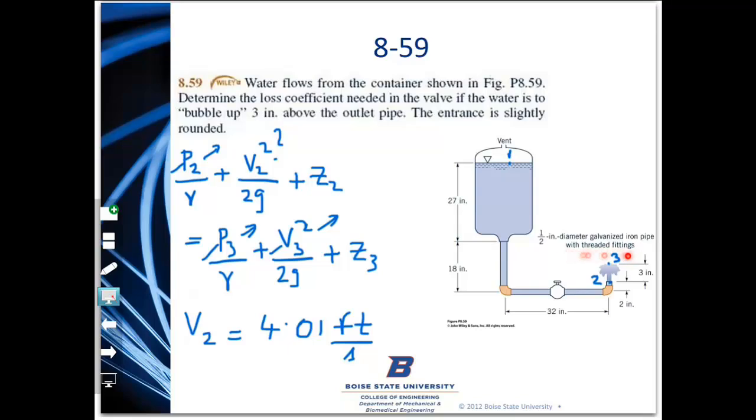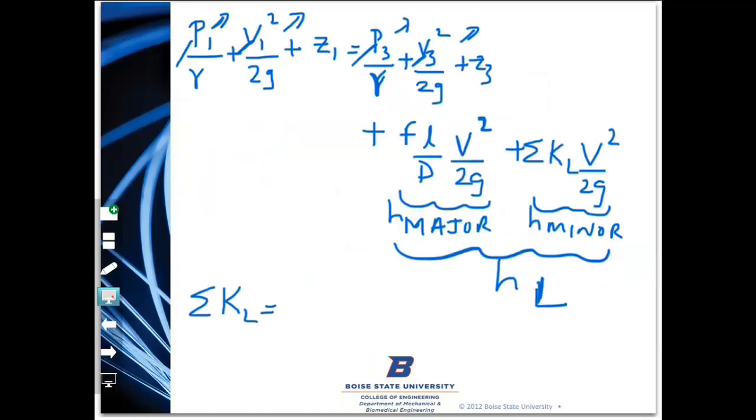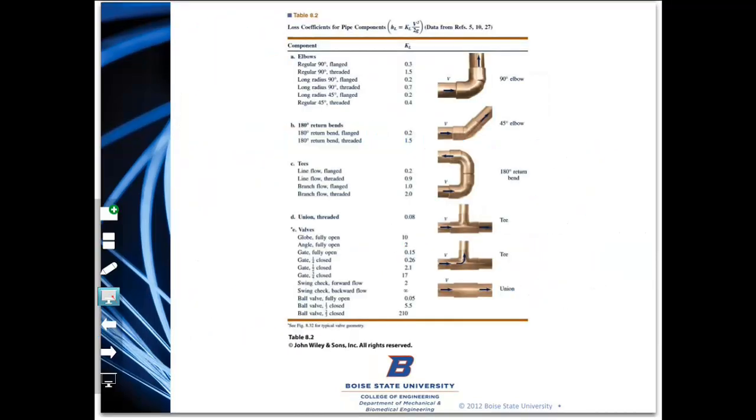You're given that it's threaded fitting, so we can find that, and this is the unknown, the loss coefficient for the valve. The way you find these is in this table here, table 8.2. So for elbows, 90-degree angle and threaded, the loss coefficient is 1.5.